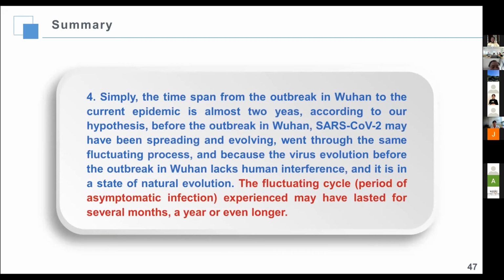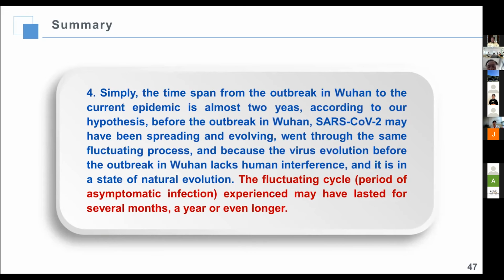Simply, the time span from the outbreak in Wuhan to the current epidemic is almost 2 years. According to our hypothesis, before the outbreak in Wuhan, SARS-CoV-2 may have been spreading and evolving, going through the same fluctuation process.